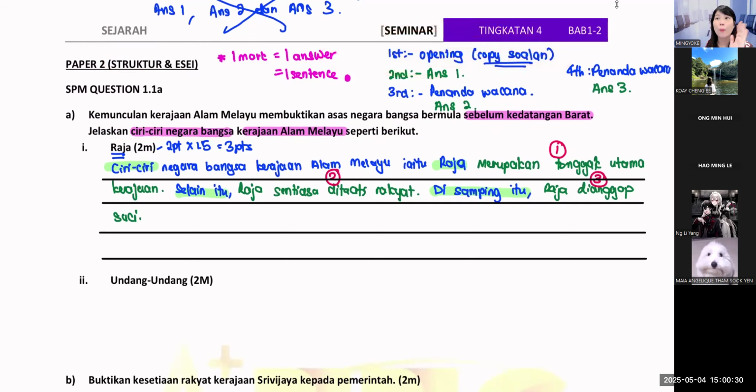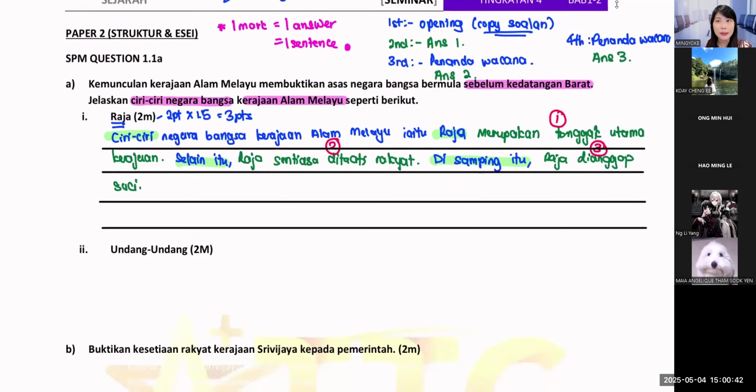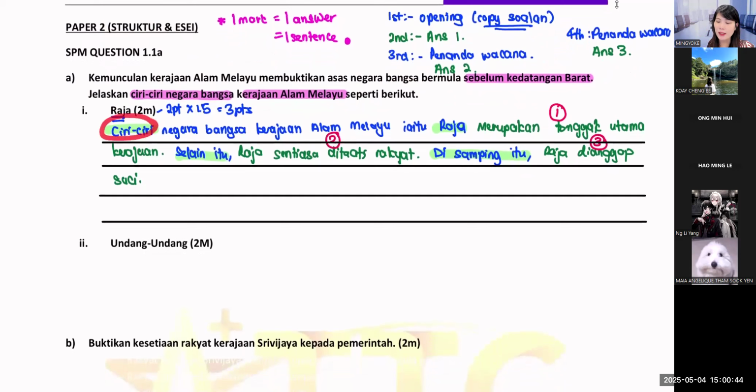You need to write the opening paragraph, but you do not need to leave a space, because it's a structure question. So for your opening, you can just copy the soalan. Example: ciri-ciri negara bangsa kerajaan alam Melayu iaitu raja. This whole thing is the soalan.